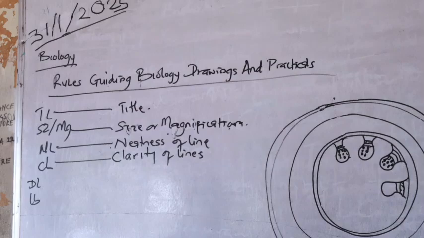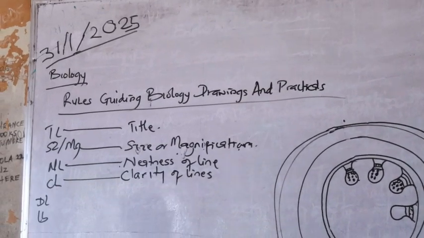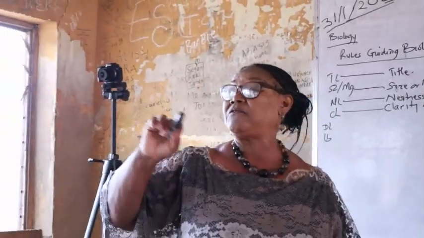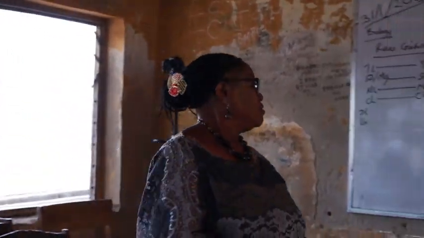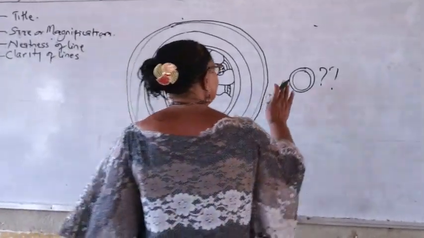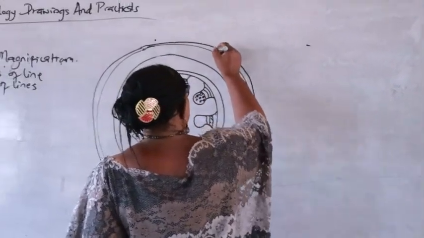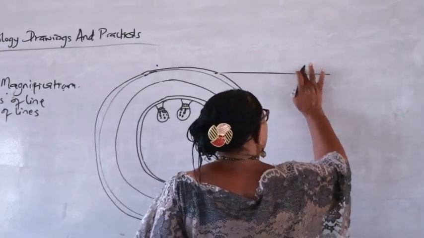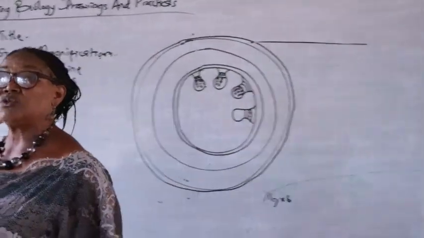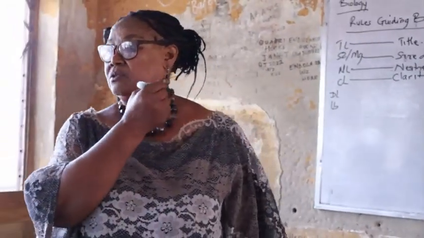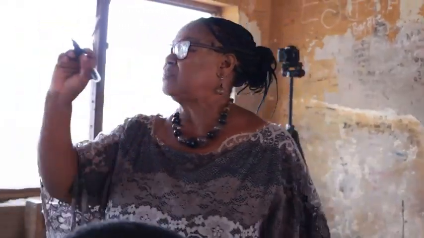Then when it now comes to neatness of line, this is where we have your lines of leveling, which you must do with a ruler. Your lines of leveling must touch the point level. You can't say that Messiah did not use a ruler when I was doing it on the board. I use my bare hand to draw.